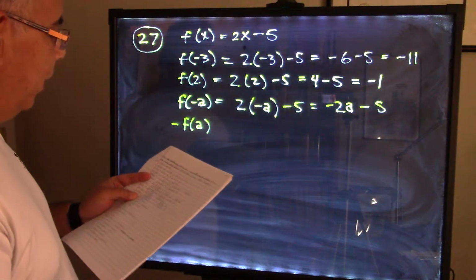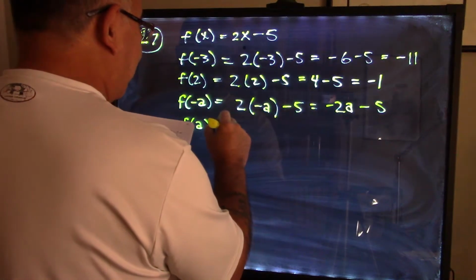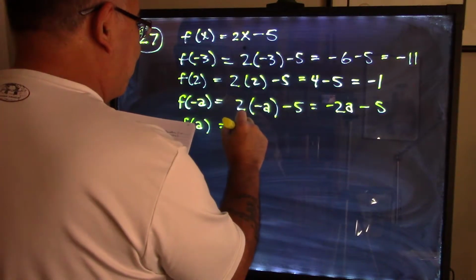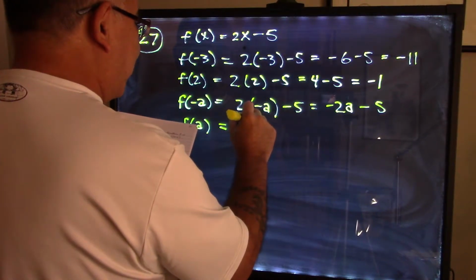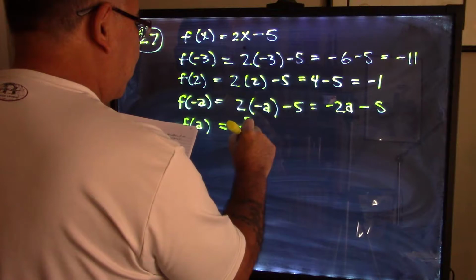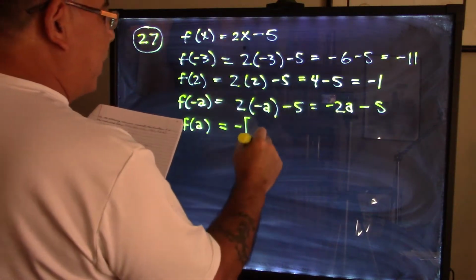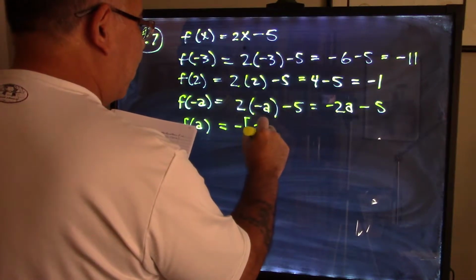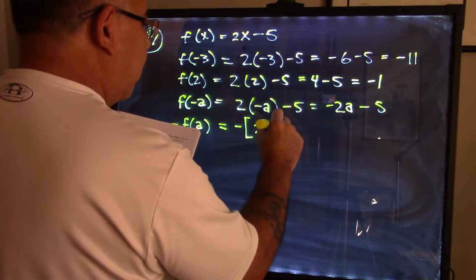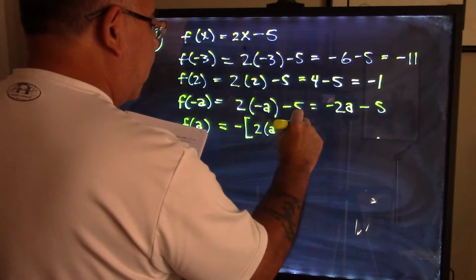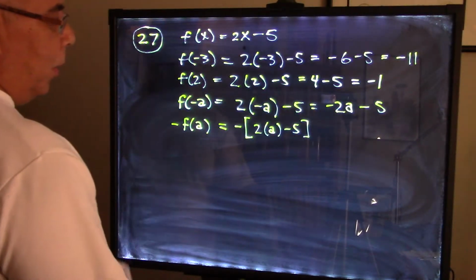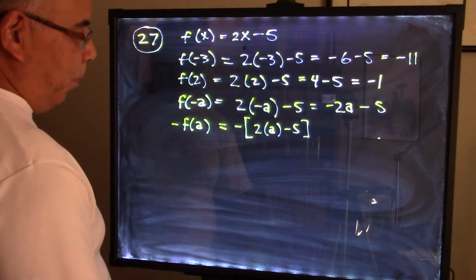All right. So this is equal to, now I'm going to use more brackets here, more parentheses, write them as brackets. And inside the brackets, I'm going to put f of a. That's 2a minus 5. So you have different kinds of grouping symbols.